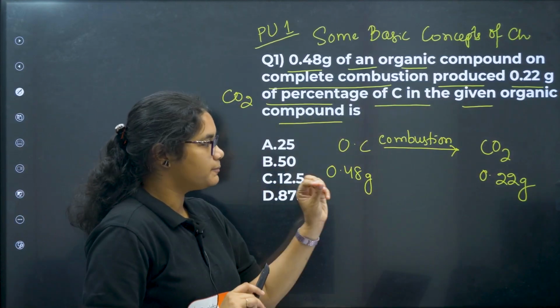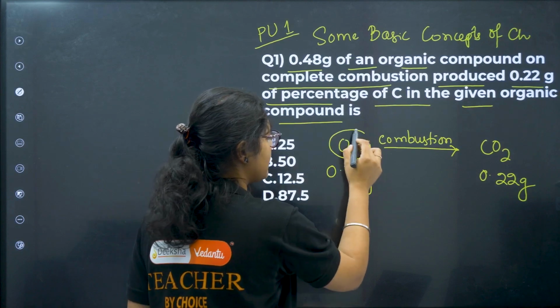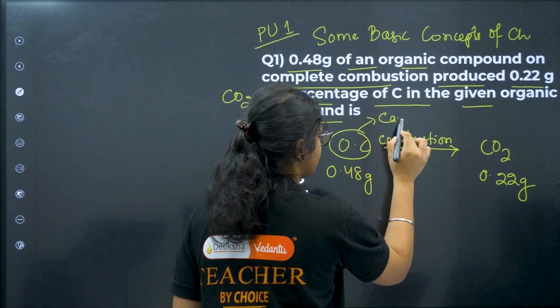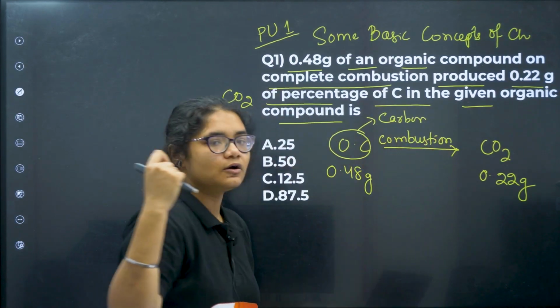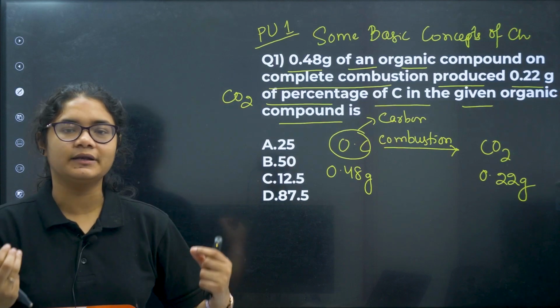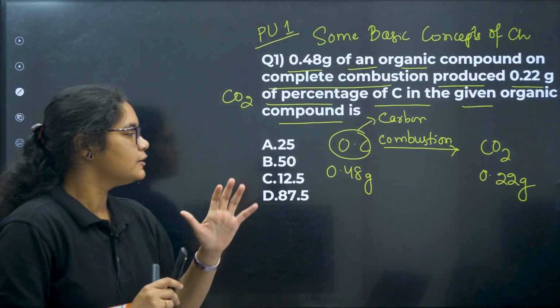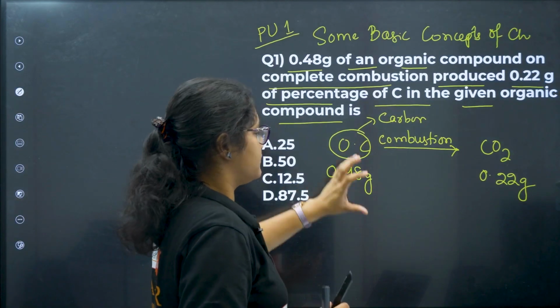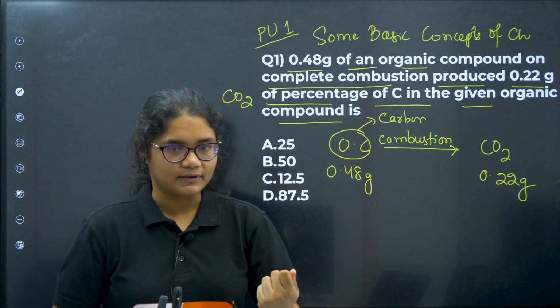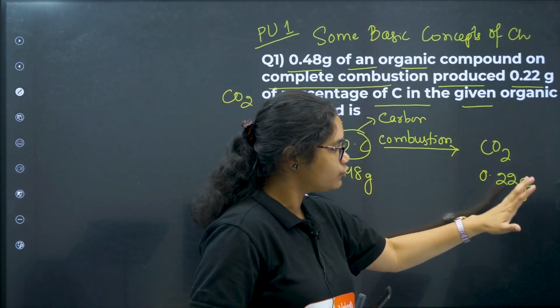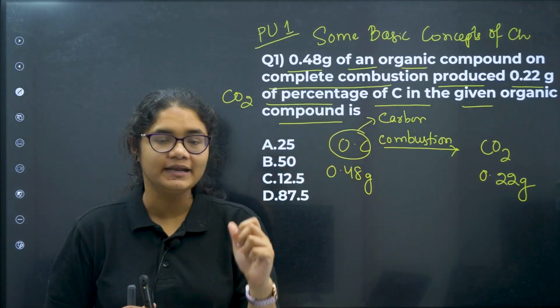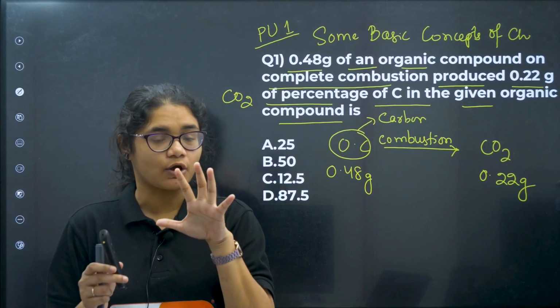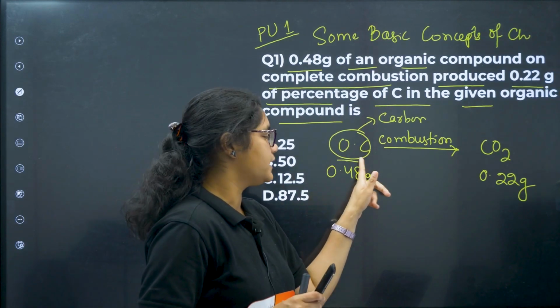Now you need to find the percentage of carbon. This organic compound will definitely contain carbon, there's no doubt in that, because organic compounds are made up of carbon, hydrogen and some other elements. Now the question is, if this organic compound is combusted and we are getting 0.22 gram of carbon dioxide, then what is the percentage of carbon in this organic compound?